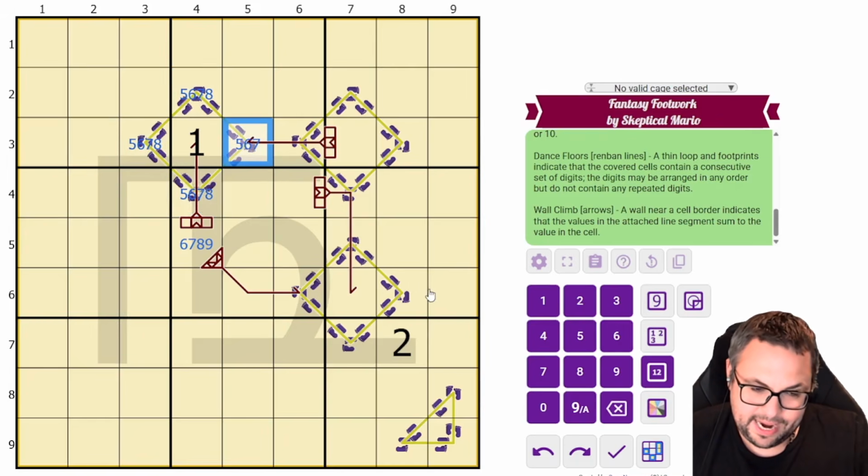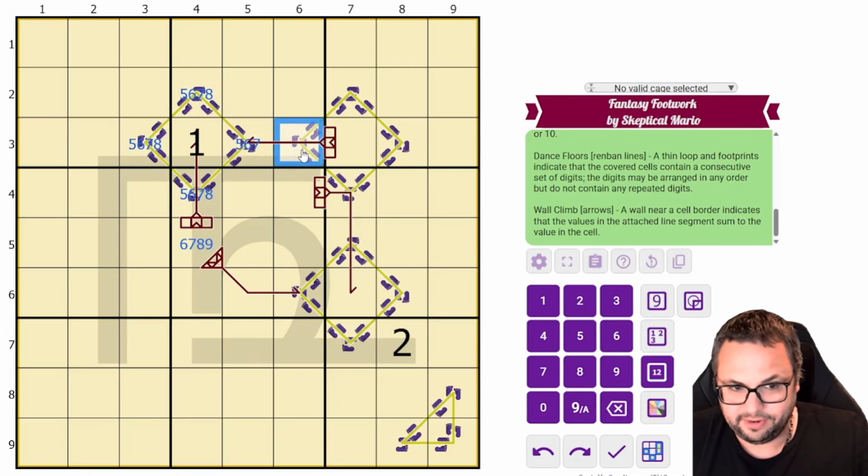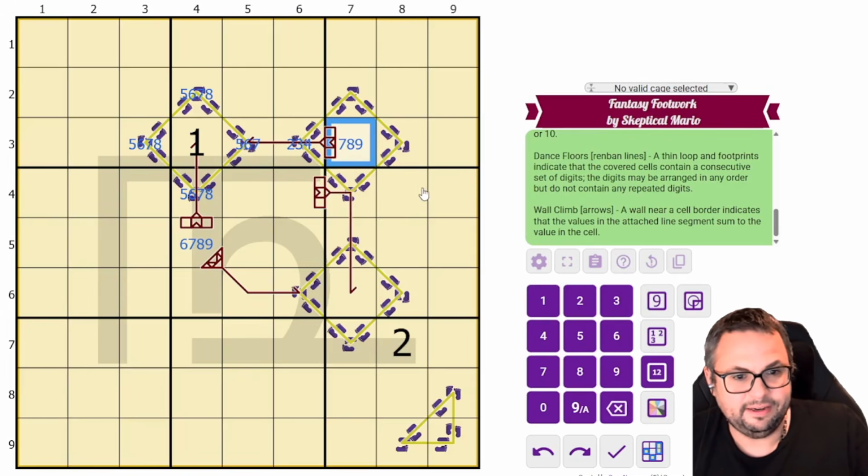This one's not 8, because that would make this digit a second 1. This digit, as it stands, is at most 4, making this digit at least 7. It's a 7, 8, or 9.